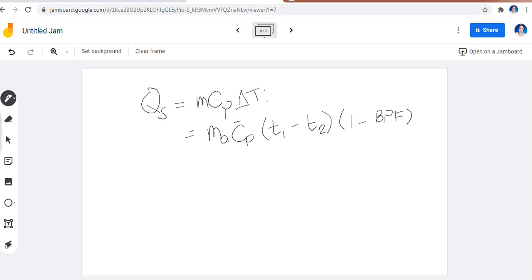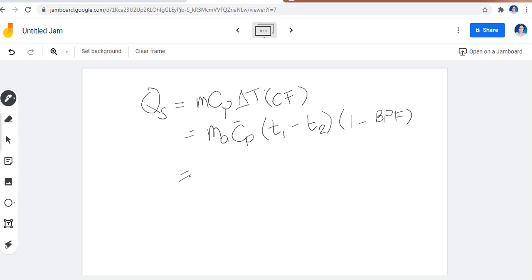This is in this case of cooling with condensation. Now the contact factor is this one as discussed.